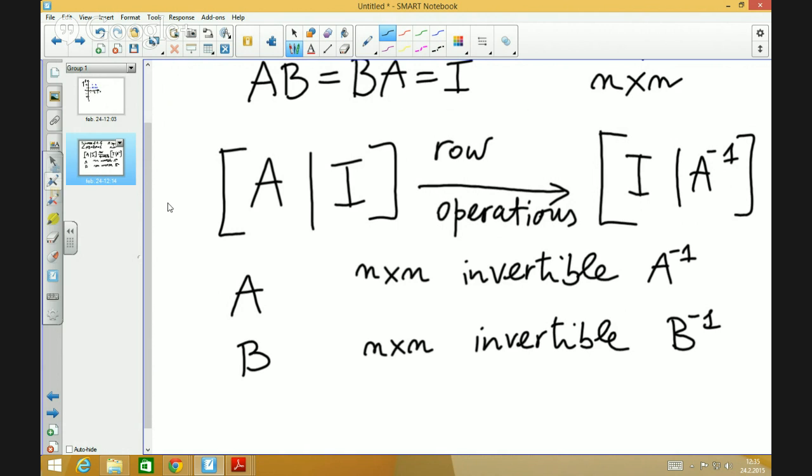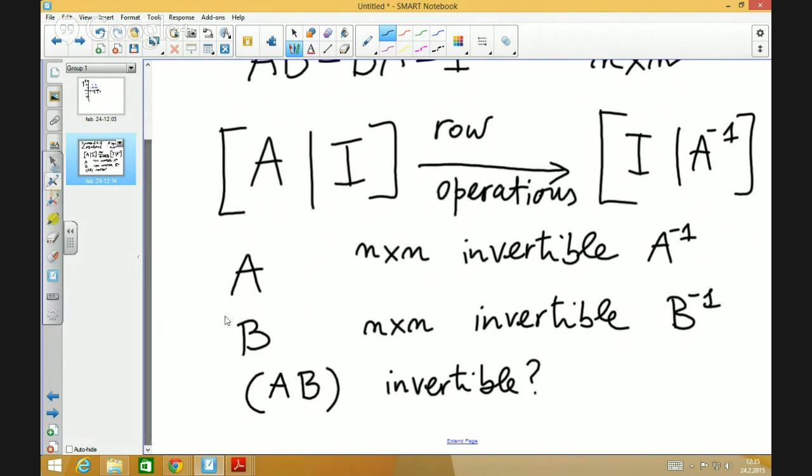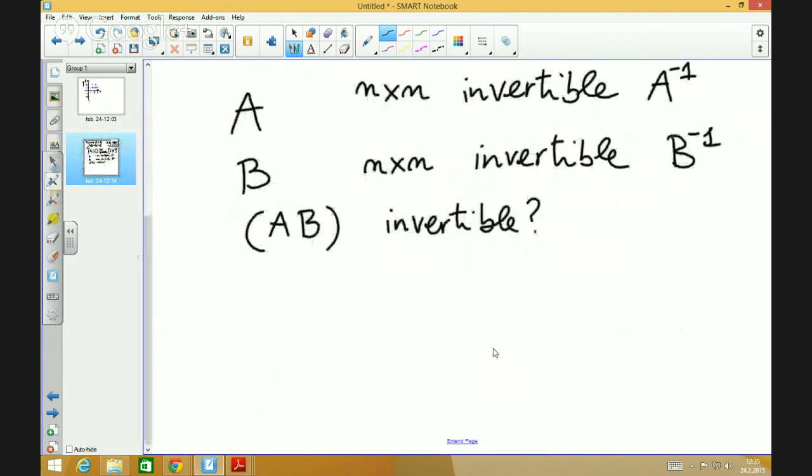Question. Is the matrix A times B invertible? What do you say?